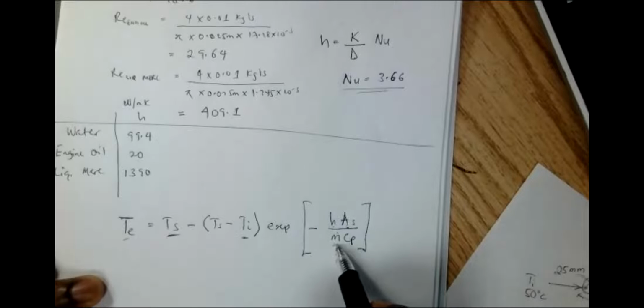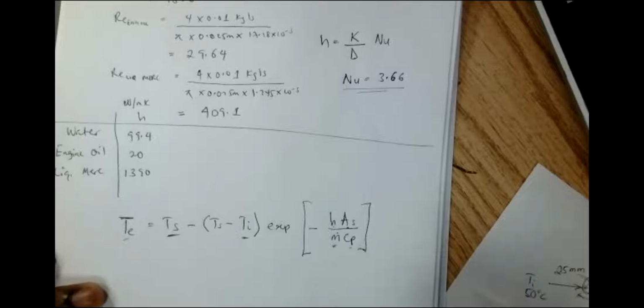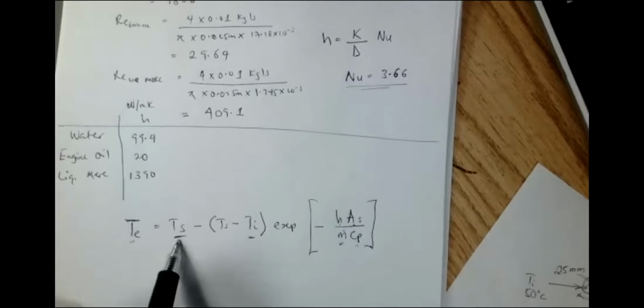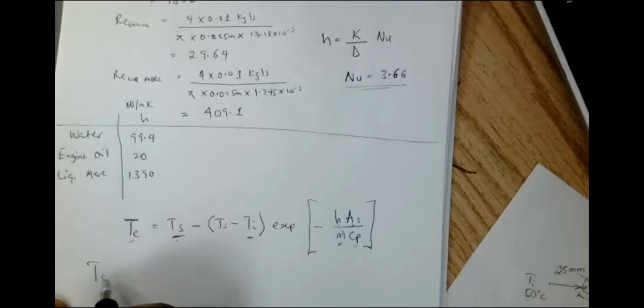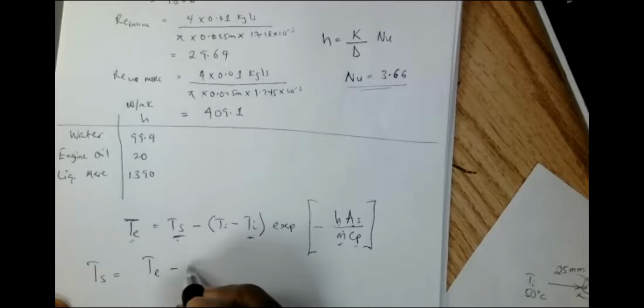This is the mass flow rate. This applies to all the fluids. And then this is the individual specific heat for the fluids under consideration. Okay. So if we rearrange this equation, because we're trying to find the constant surface temperature, we know every other thing here. We get T_s is equal to this expression.